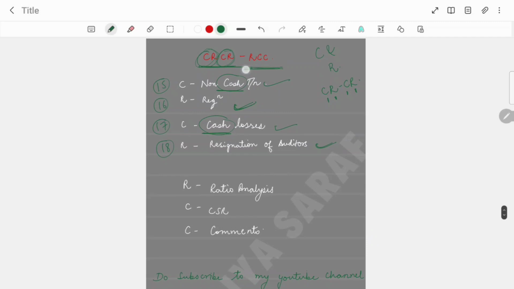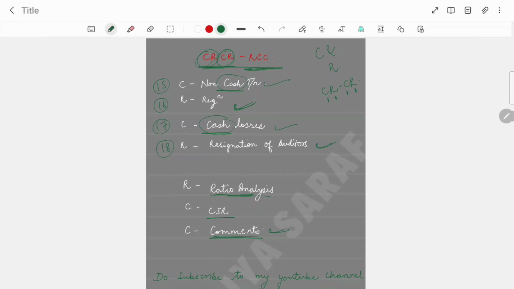Now is RCC. From R it is ratio analysis. You can remember it this way, that earlier we used CR. So CR is what? Current ratio. So you can remember that ratio will come next. So it is ratio analysis. Then from C again it is CSR, and from the last C it is comments. Comments you can remember very easily, because at last what comes? Comments.